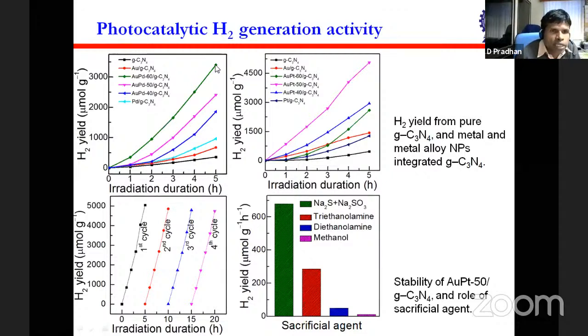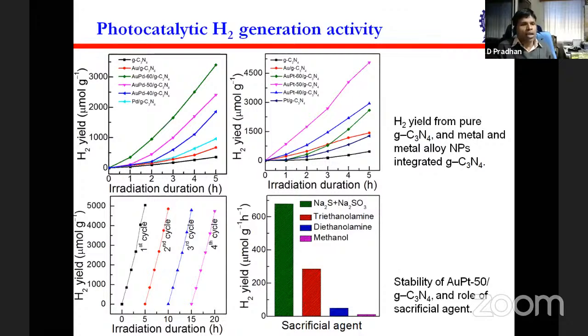In the gold platinum setup, gold 50% gives the best performance. But the most important point to note here is that when alloy nanoparticles are decorated on the semiconductor surface, they give better performance compared to a single metal particle, either gold or platinum.